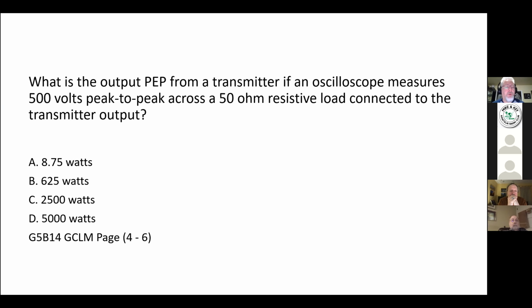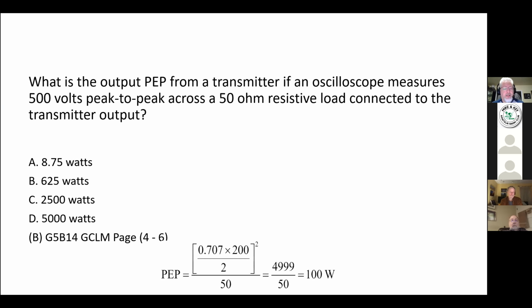A, 8.75 watts, B, 625 watts, C, 2,500 watts, or D, 5,000 watts? There's the answer down there. It's 100 watts. Wait, oh, wait a sec. I copied the wrong one. Sorry.